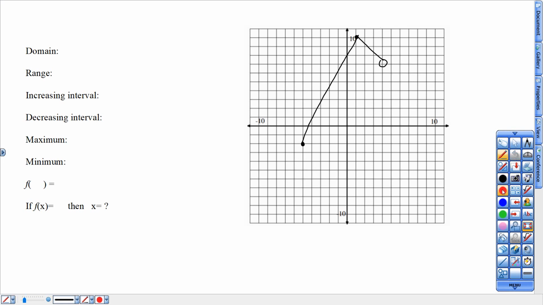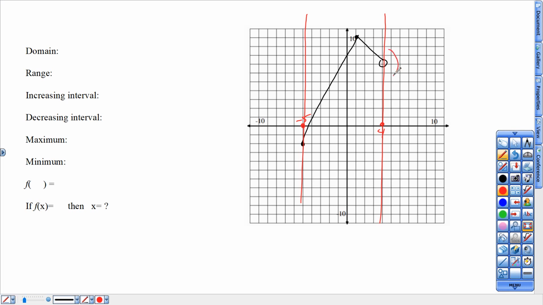All right, here we go. Domain is measured from left to right using where that line's crossing the x-axis. Those are where I'm getting the numbers. 1, 2, 3, 4, -5 right here. This one's crossing at 4. This right side is going to have a rounded bracket because of that open circle.